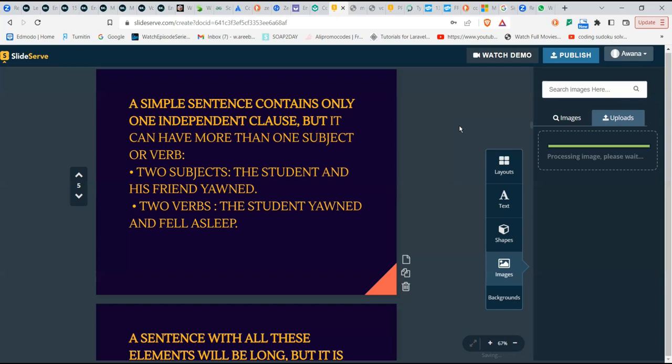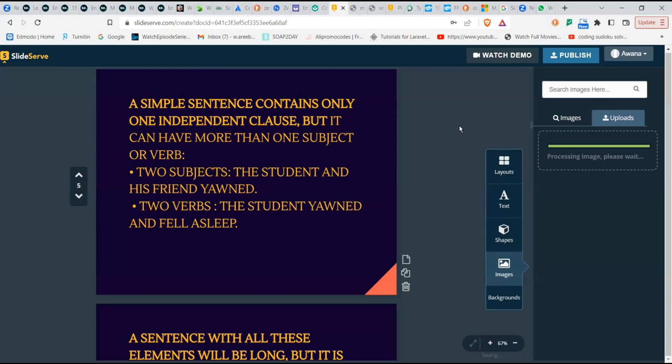Just the same, a compound verb is multiple actions performed by a single subject. The student yawned and fell asleep. Over here, yawned and fell asleep both are verbs, right? They both are actions. But they are not two actions. They are not two verbs.